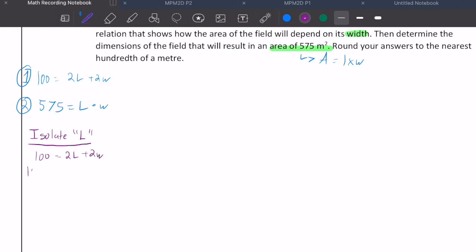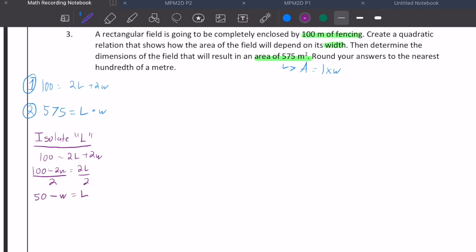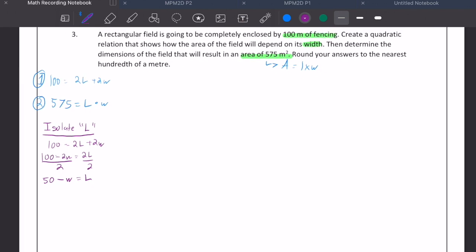We move the 2W to the other side, so 100 minus 2W equals 2L. Now we need to get rid of the 2 to just have L by itself. We divide by 2 on both sides, and we get 50 minus W equals L.